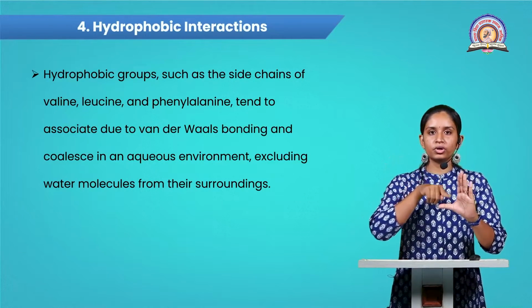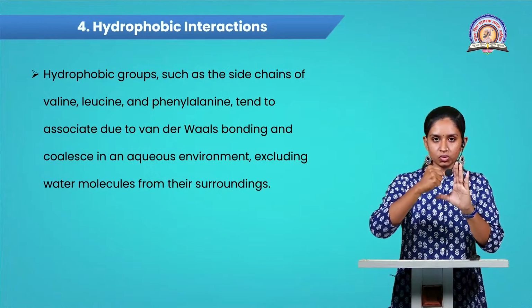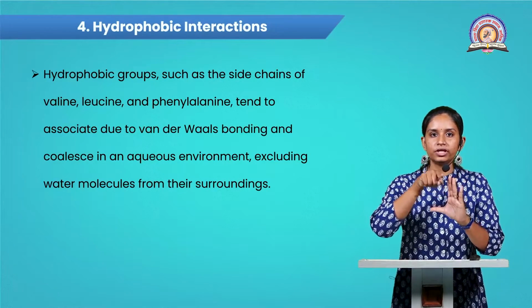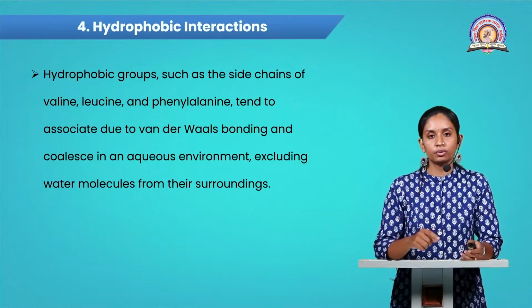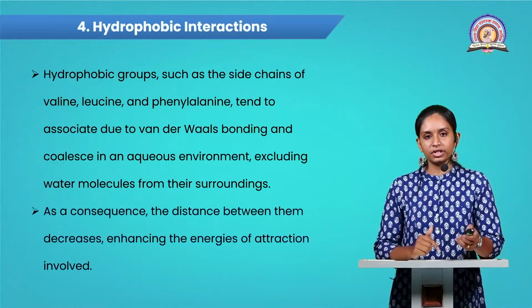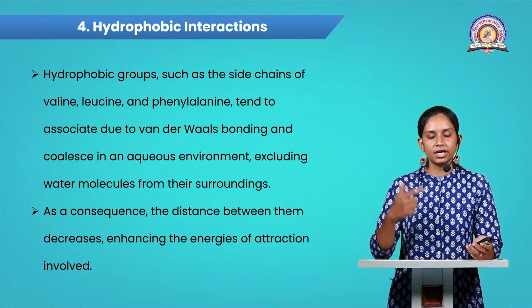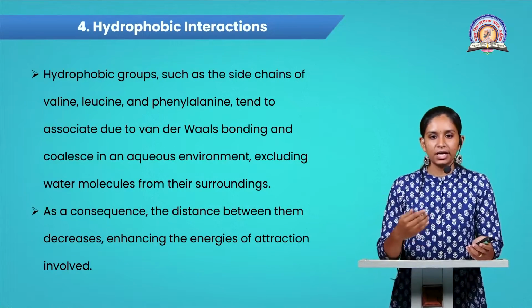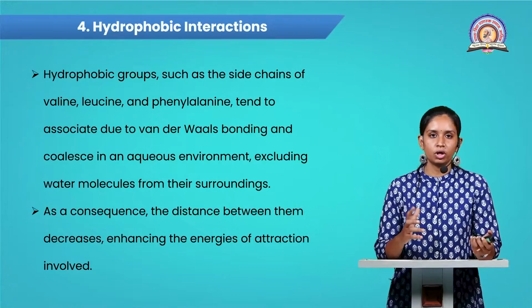If a water molecule is present between them, then when they come close together, this water molecule will exit from the binding site. So this is the result of hydrophobic interaction, and due to this antigen and antibody will interact with each other. As a consequence of this, the distance between the antigen and antibody will decrease, and it will enhance the energies of attraction which are involved between them.